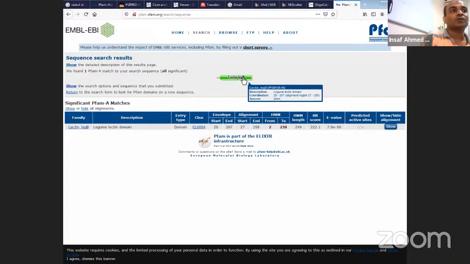It is saying that from 26 to 267, it belongs to the lectin legume B family. Legume B means Leguminosae B family. All of us know this is a protein from chickpea, and chickpea is a member of the Leguminosae family. So definitely it matches whatever knowledge we have.